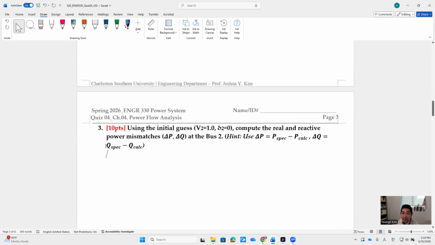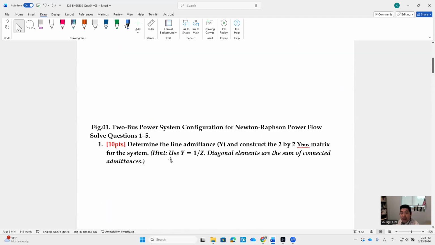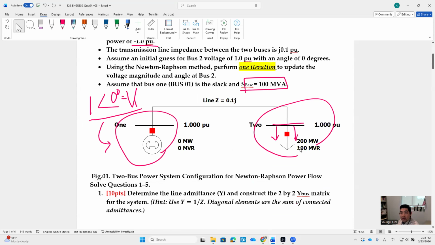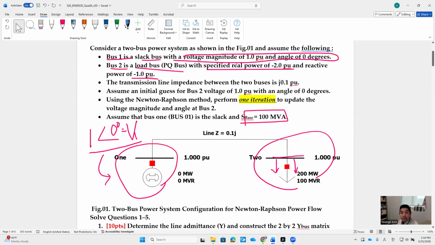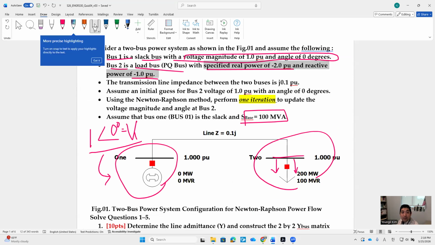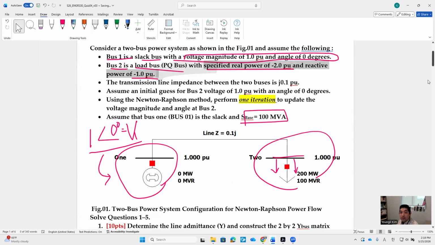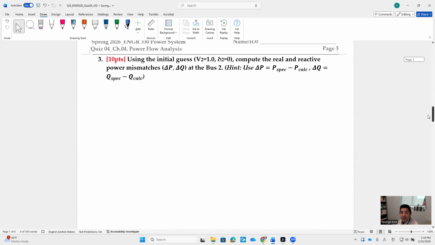The delta Q is the Q specified minus Q calculation. What is the specified value? Specified P is what's given from the per unit value in the question here. See that right there. Specified real power and reactive power. Here we go. But keep in mind, this is the minus value.